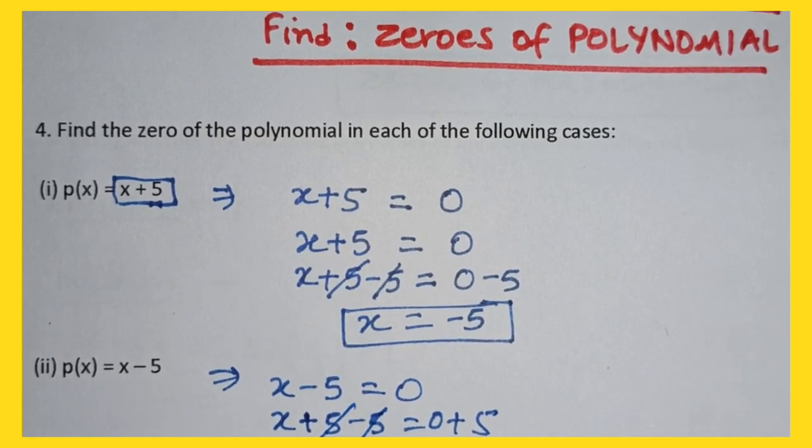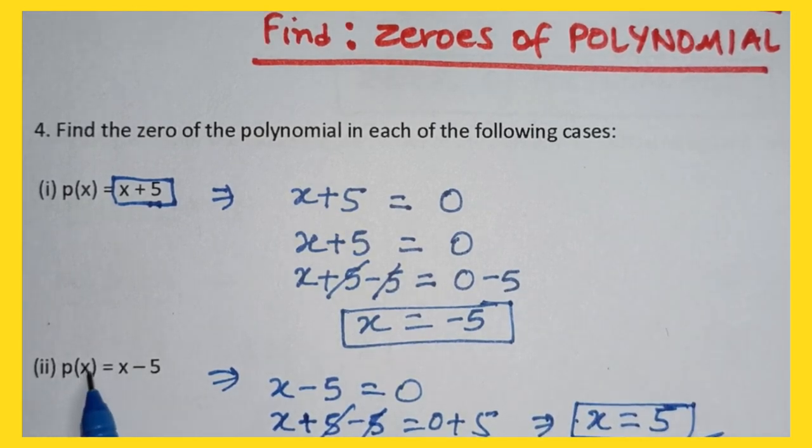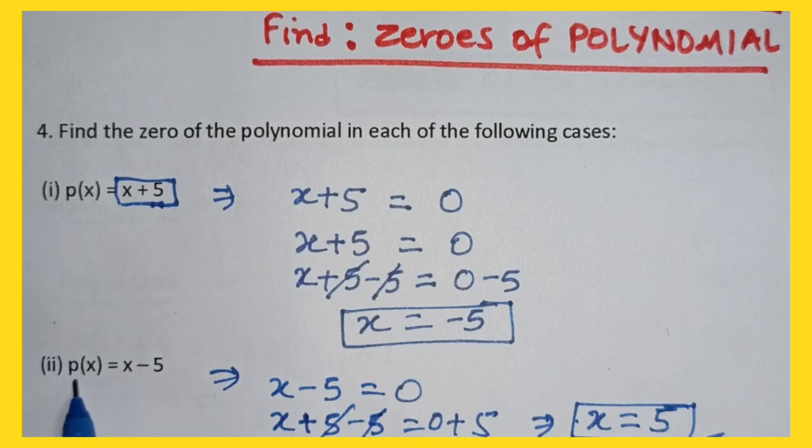So plus 5 minus 5 will cancel out, and you will have only x left. So x is equal to 0 plus 5, which is 5 only. So here also, when you put the value 5 at the place of x, you will get this polynomial as 0.